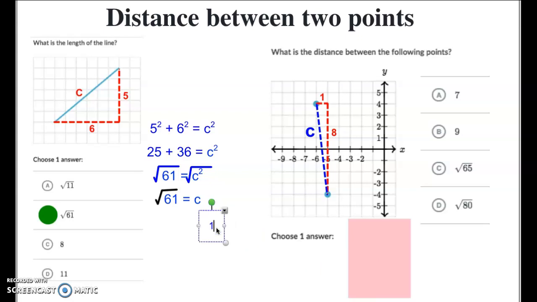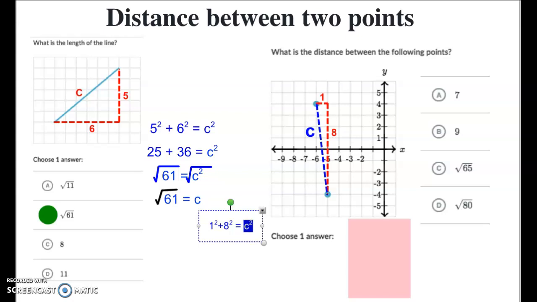We've got 1 squared. So 1 is my up arrow squared. Then take it back down. Plus 8 squared. And I so apologize for not having this done ahead of time. But hey, you know what? We all make mistakes. Equals c squared. Boom. I'm just going to highlight that c squared so I don't have to do that every single time.